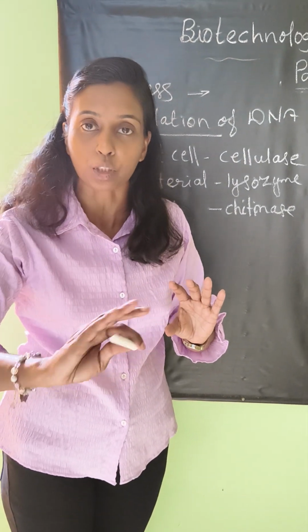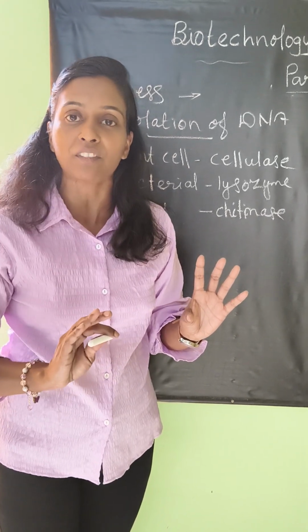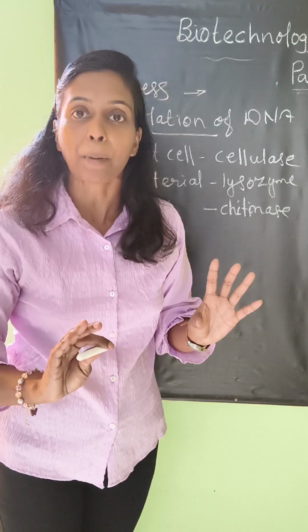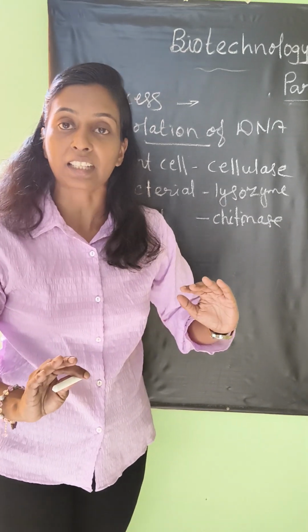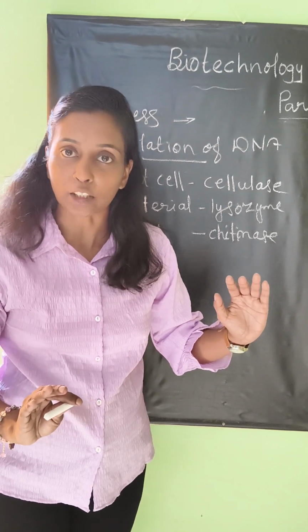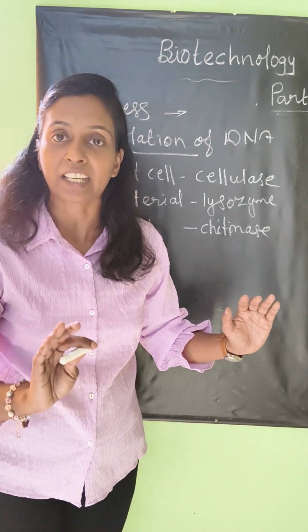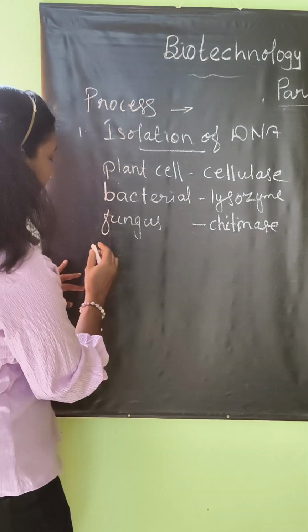That also we have to remove. RNA we can remove with the help of RNase, and protein we can digest with the help of proteinase. So by the help of different enzymes we can remove all other macromolecules and micromolecules. At last we will get the DNA, and at last we have to add chilled ethanol.